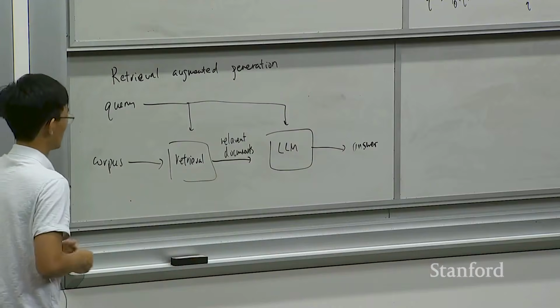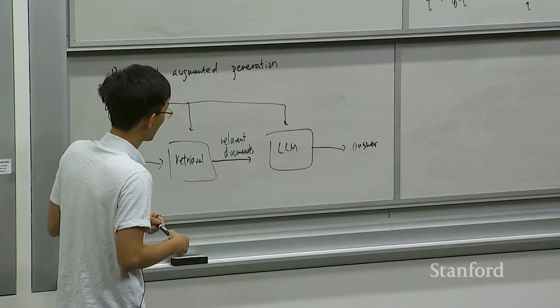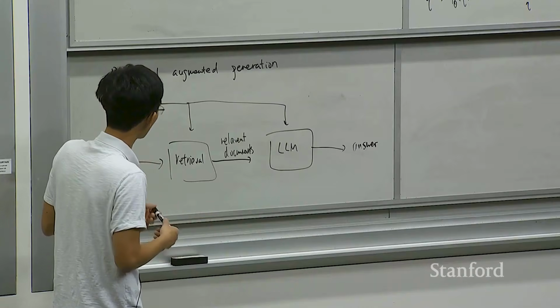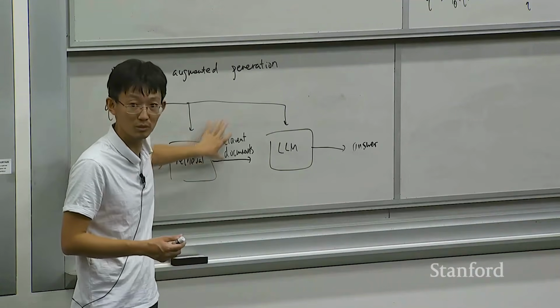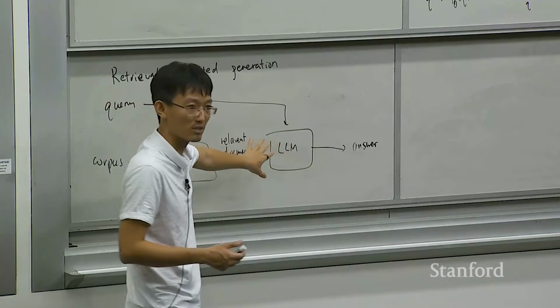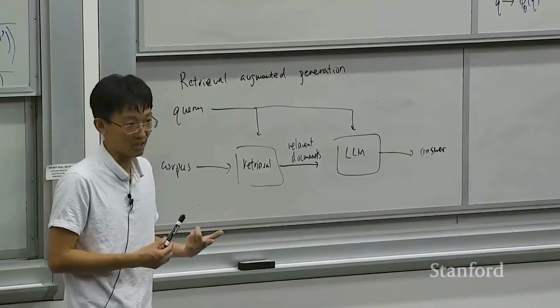So of course there are trade-offs for the different ways of ingesting proprietary information. The nice thing about this is that it's very modularized, because this is a retrieval step which is almost completely separated from the large language model. And you can deal with data governance very easily.